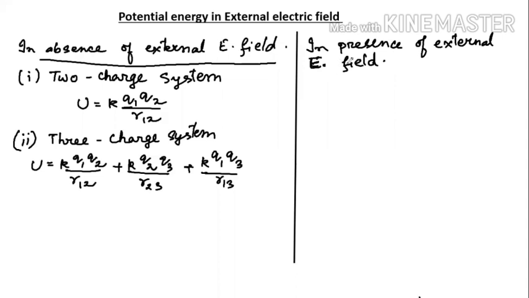Now this electric field can be from a different source. That source will be mentioned in our question, and due to the outside source generating this field, which is applied on the system of charges, you will have certain extra potential.